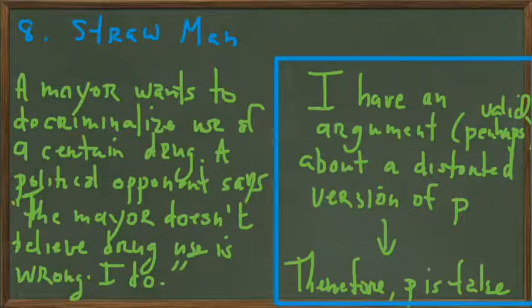So why is this a fallacy? Why is this the straw man fallacy? The mayor did not make the claim that they want to decriminalize all drugs, or that they don't believe drug use is wrong. They are only wanting to decriminalize a certain drug.